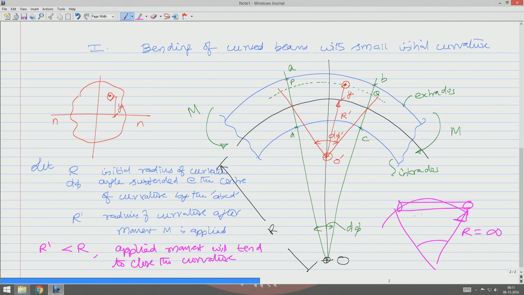When you bend the bar, it has some curvature whose value will be r dash, and r dash will be lower than r, because any moment which closes the curvature will always reduce the radius of curvature, and d phi dash is the angle subtended by the element after deformation.